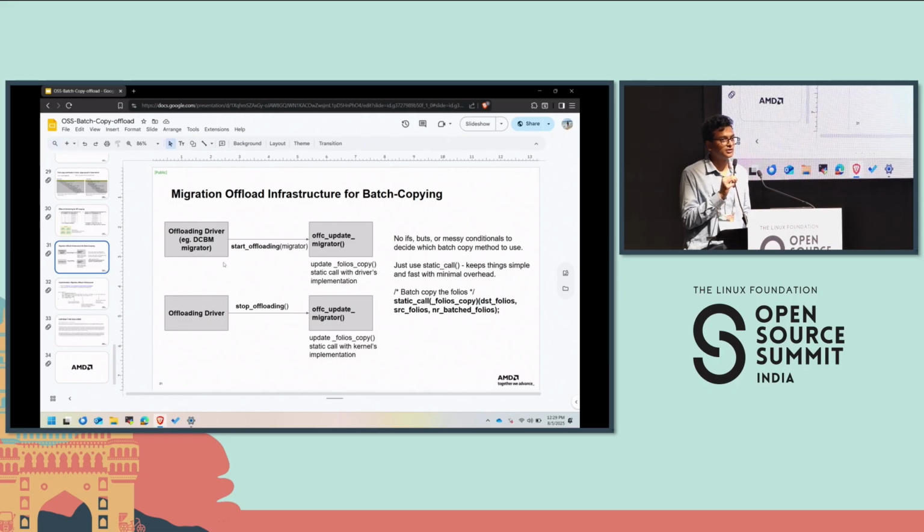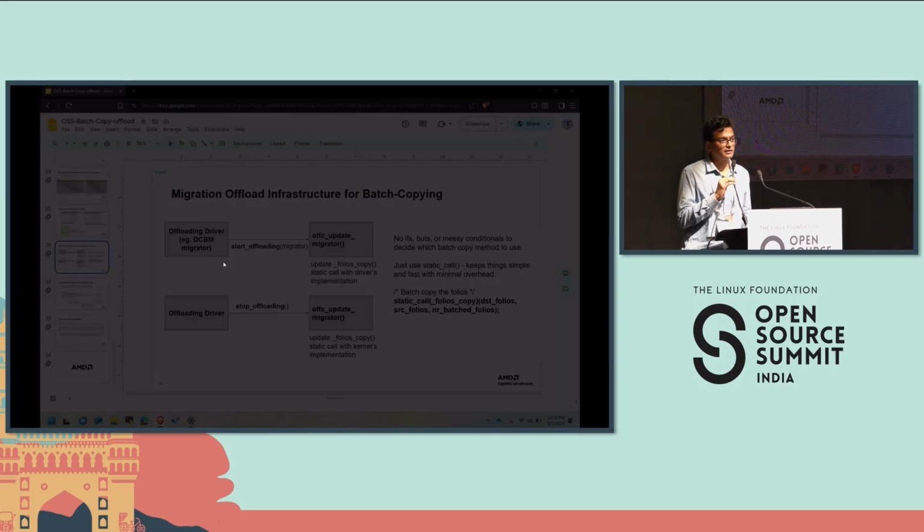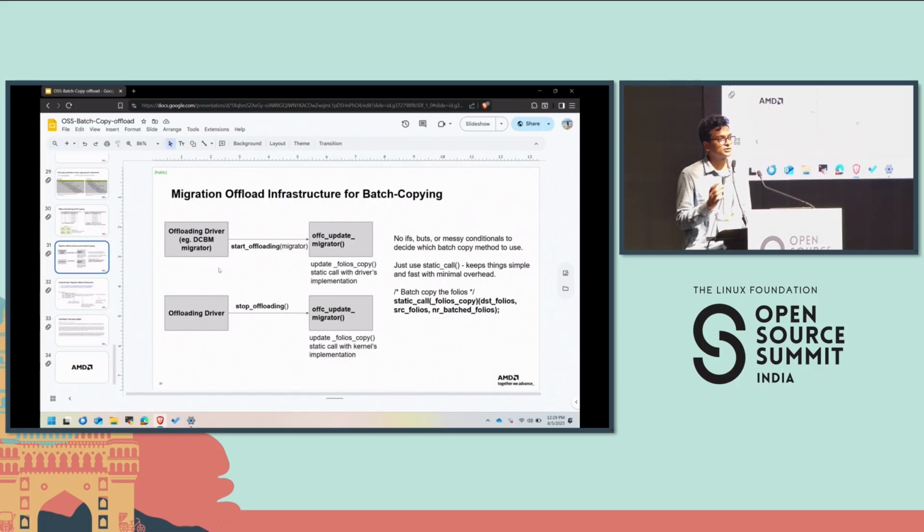They have huge memory, so we need to distribute that memory on different NUMA nodes. It may happen that a workload is running on one socket and its memory is on another, remote NUMA node. So we may want to move that memory to the local node.